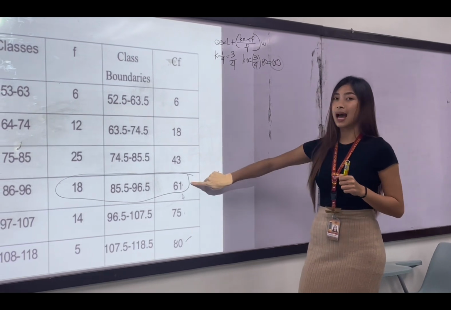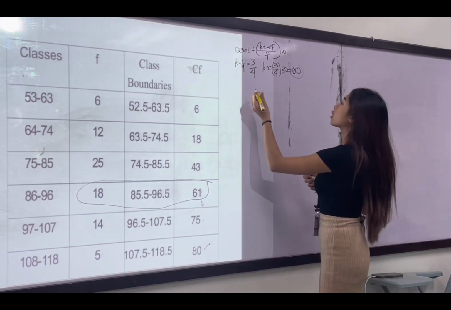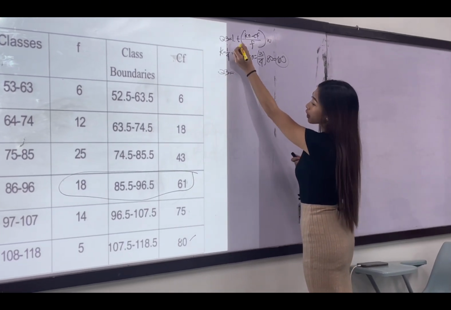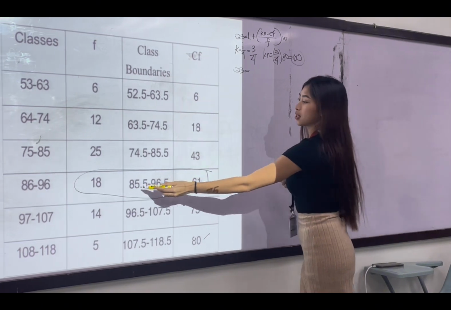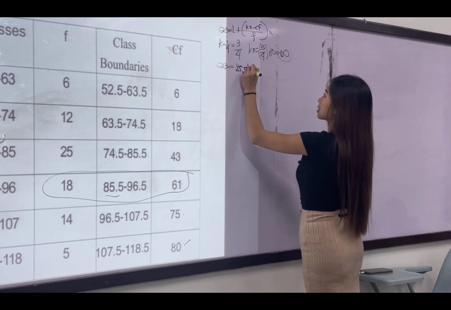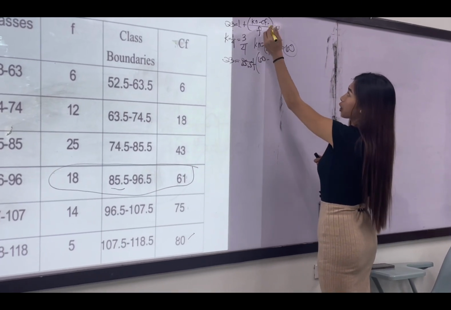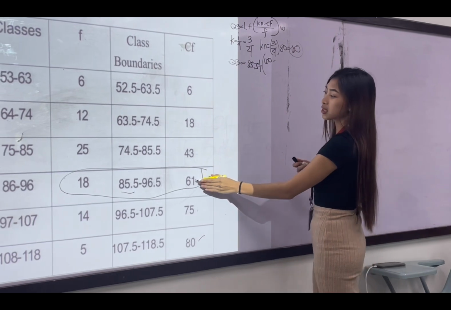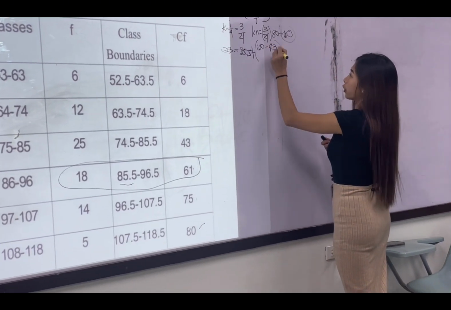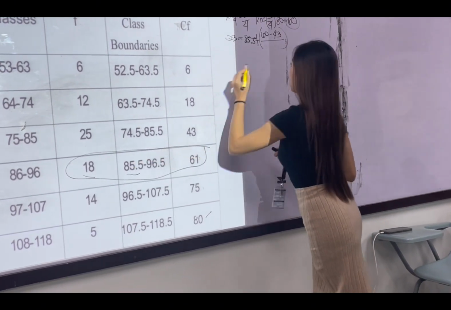Therefore, this is the class that contains the 60th observation. So to solve, quartile 3 equals the lower class boundary, which is 85.5, plus kn, which is 60, minus the cumulative frequency before the 61, which is 43, over the frequency of the class, which is 18.